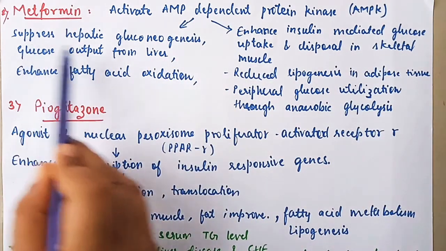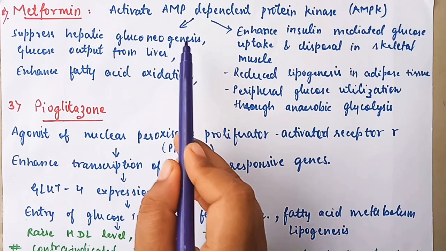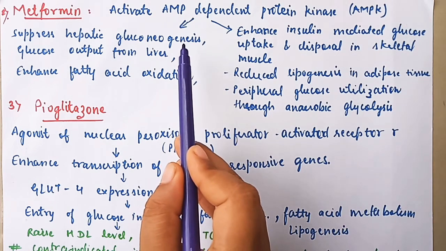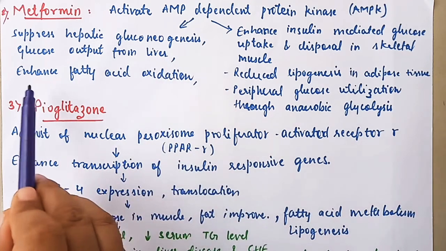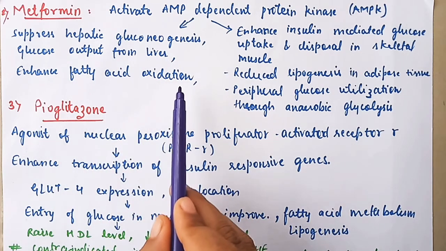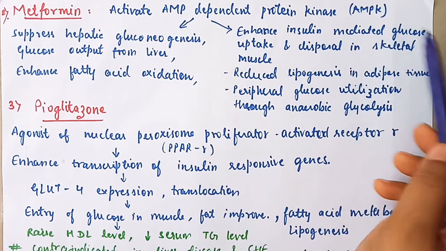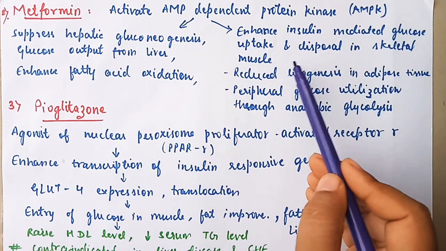They basically suppress the hepatic gluconeogenesis, that is no glucose formation takes place, as well as glucose output from the liver also is decreased. They enhance the fatty acid oxidation, enhance the insulin mediated glucose uptake and disposal in the skeletal muscles.